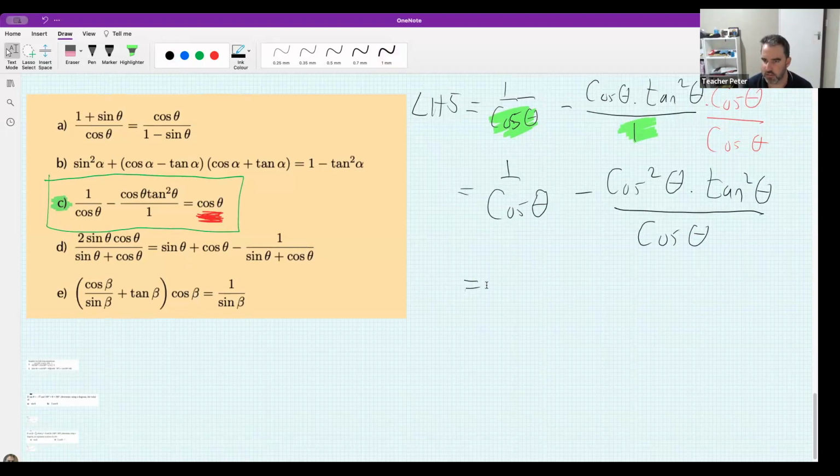I think I like that. Yeah, I've timesed the top and bottom by cos theta, so that's the same as 1. And then there were 2 cos thetas. And so those 2 together give us this.